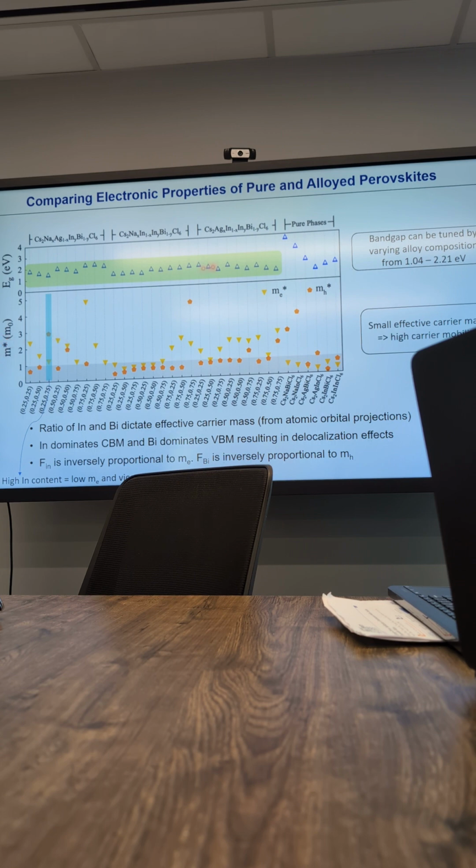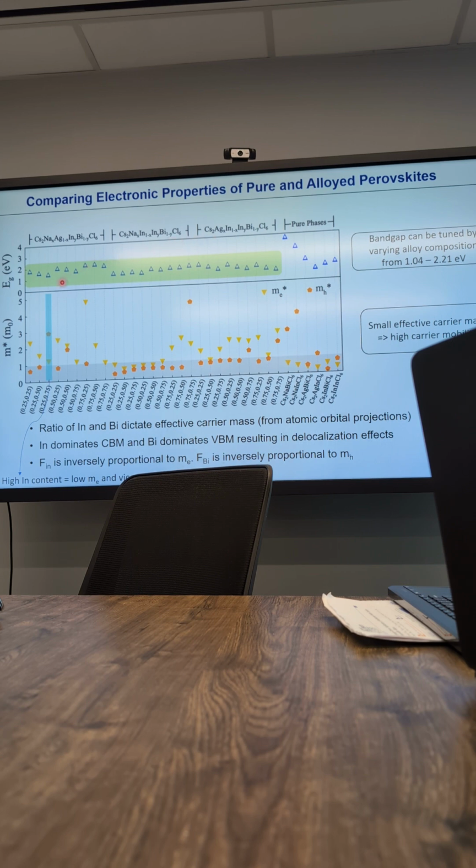What they studied here was the effect of this multi-element alloying on the band gap. This time they didn't just take one system. This is for the pure phases, where you have one A plus, one B plus, one B3 plus, one X. But these are the alloy systems, and they pick a couple. I don't know why they chose these particular ones because they have studied more.